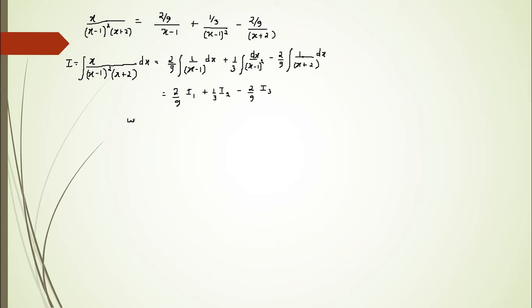Where I1 is equal to integral 1 by x minus 1 dx, I2 is equal to integral 1 by x minus 1 whole square dx, and I3 is equal to integral 1 by x plus 2 dx, right?